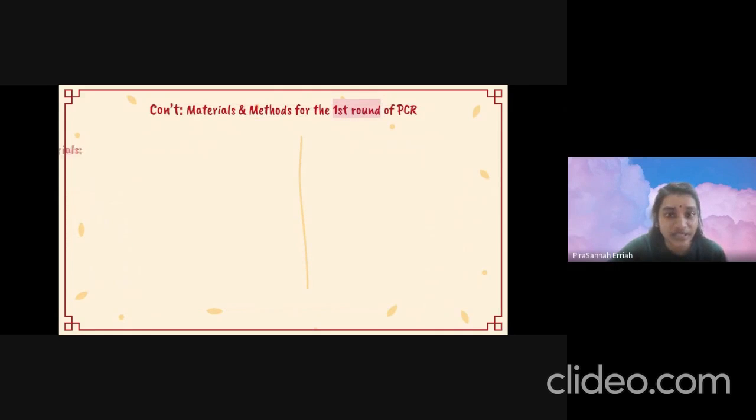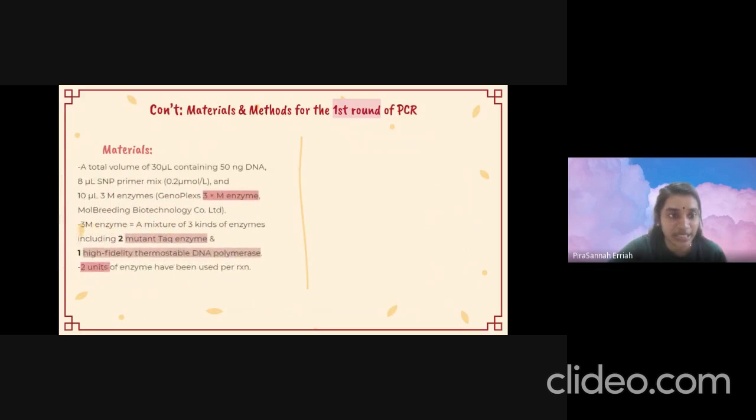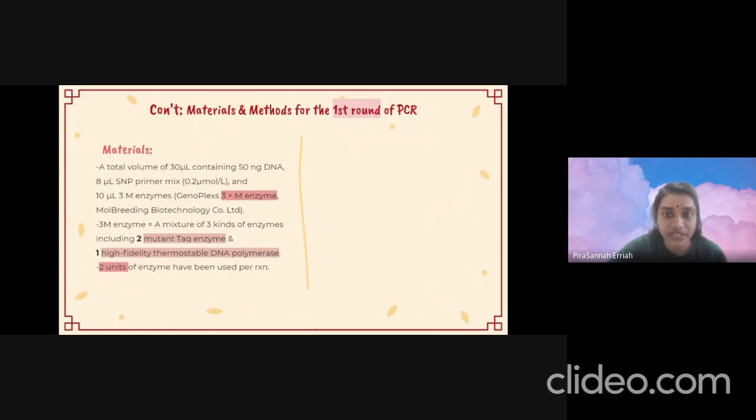So the materials used in this experiment for the first round are a total volume of 330 microliters containing 50 nanograms of DNA, 8 microliters of SNP primer mix at 0.2 micromole per liter, and 10 microliters of 3M enzymes, which is the Genoplex obtained from the Molbreeding Biotechnology Company.